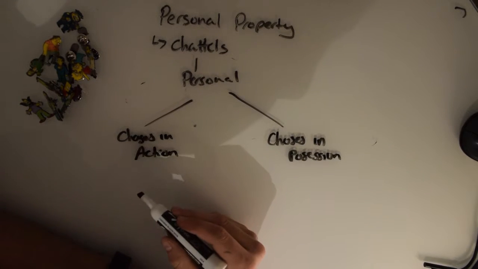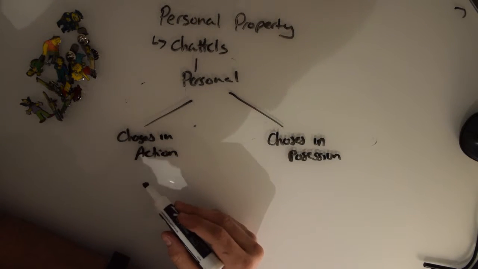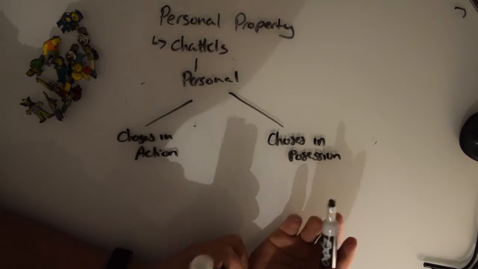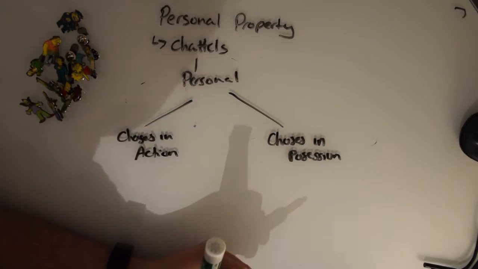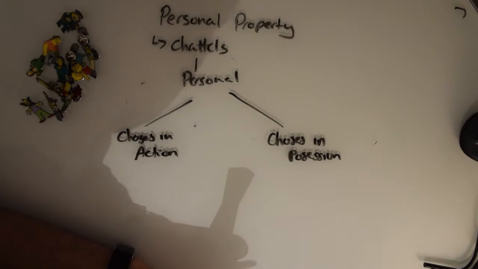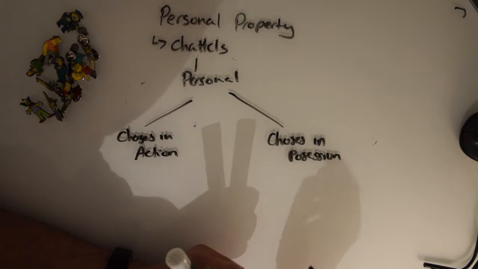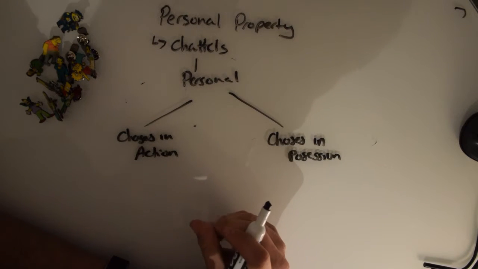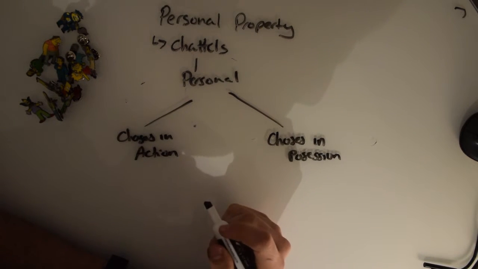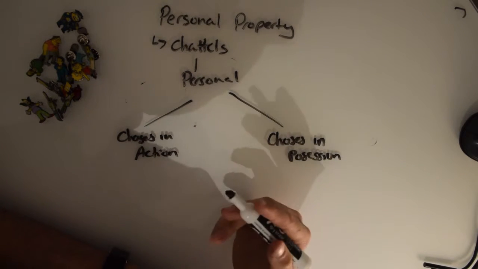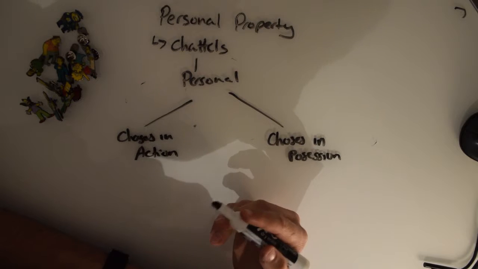A chose in possession, which we'll start with, is pretty much effectively a tangible or physical object, such as my phone or my wallet. Choses in action are intangible things, such as patents, copyrights, deeds.